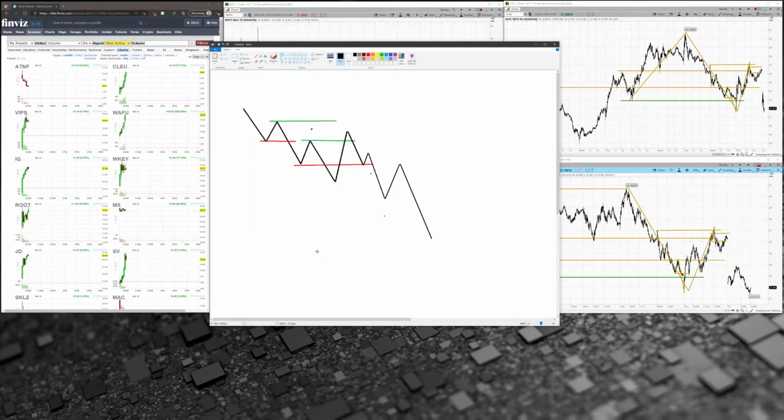Right? So here's the difference. When you're going down, and then we head back up, as you're retracing these levels, this is your support.